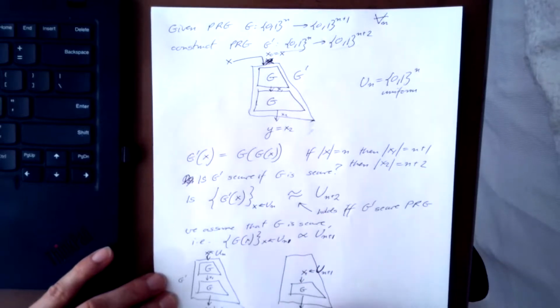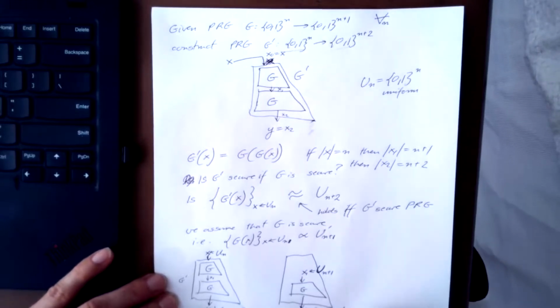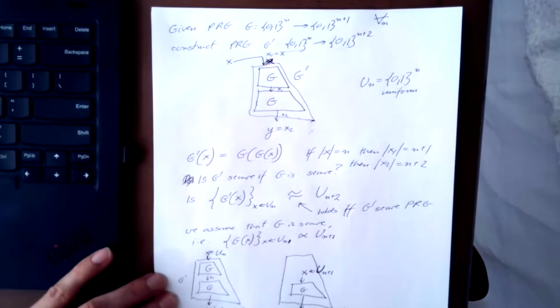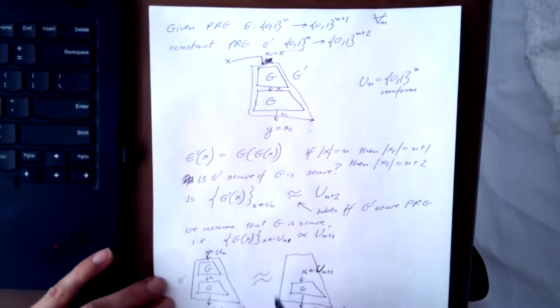And this would be basically G on x1 for x1 in U n plus 1. I claim that these two must be indistinguishable. Why is that?